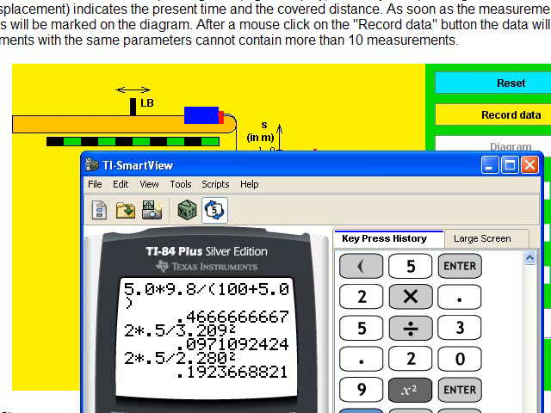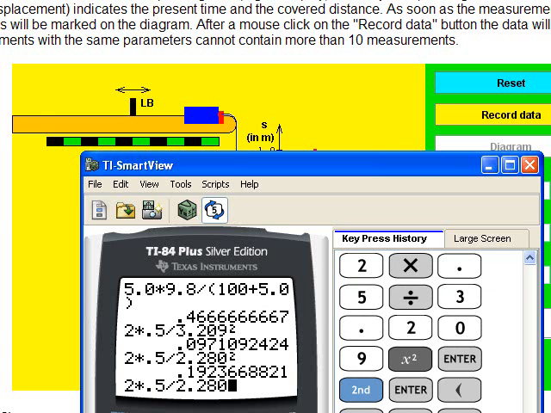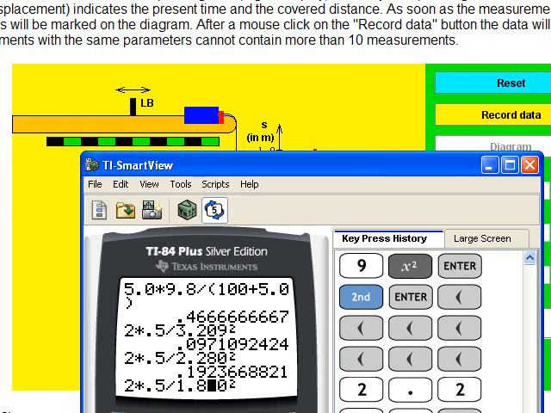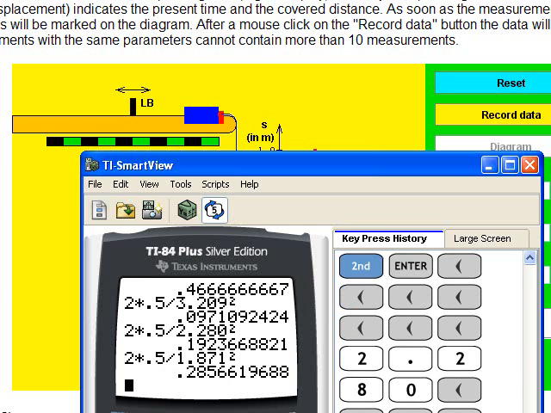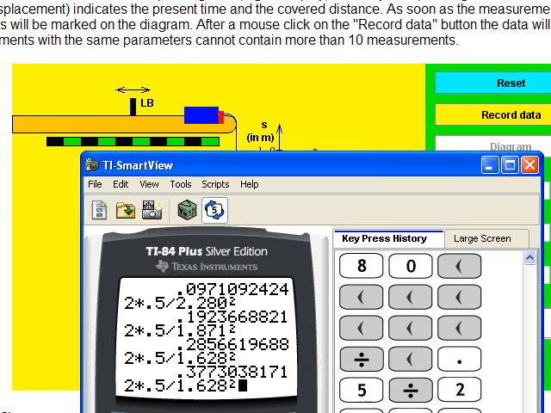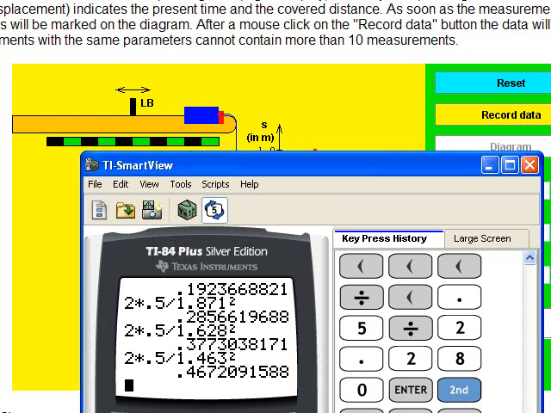There we go. And so on. 1.871. And a couple more. You might have that on your calculator too, this second entry button that you can access the last calculation you did.